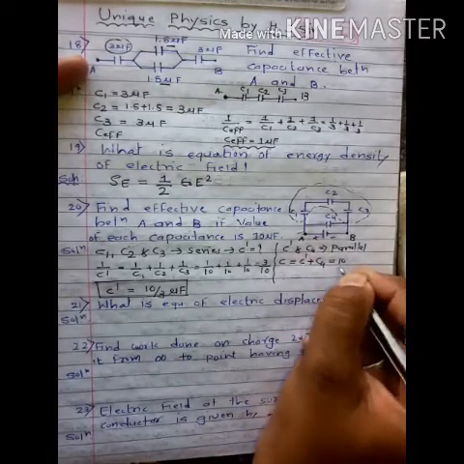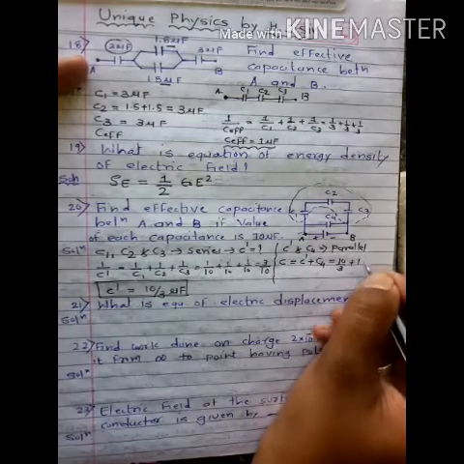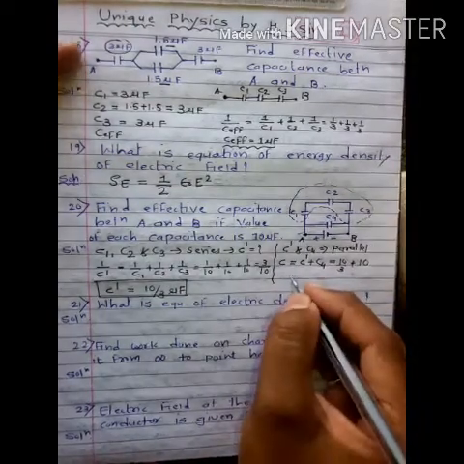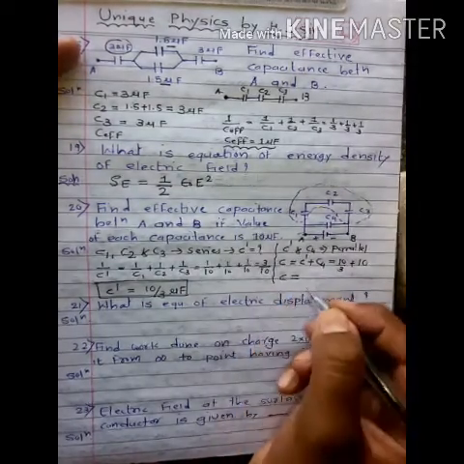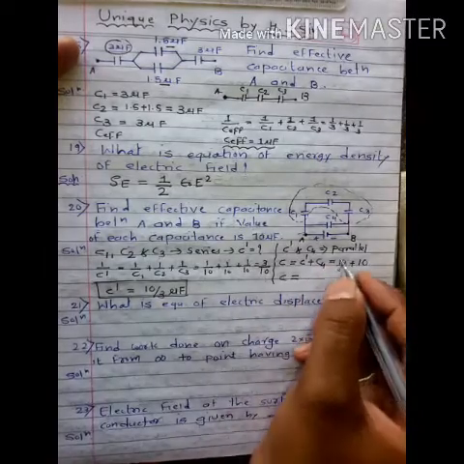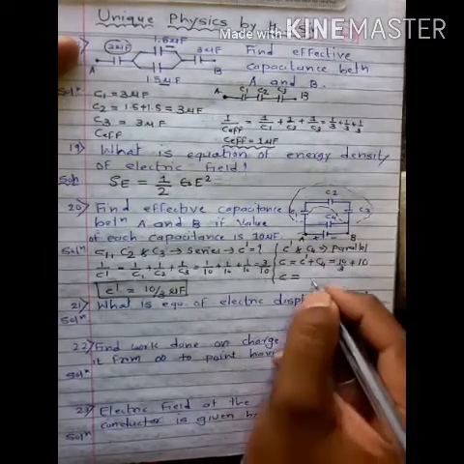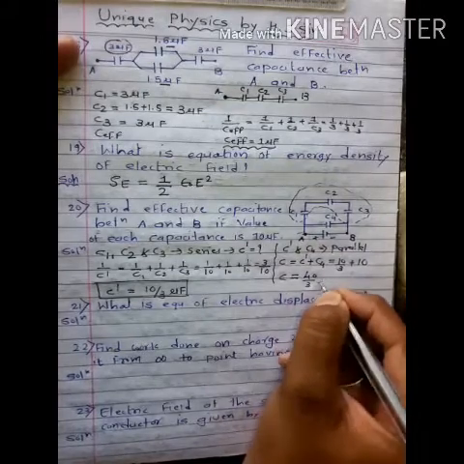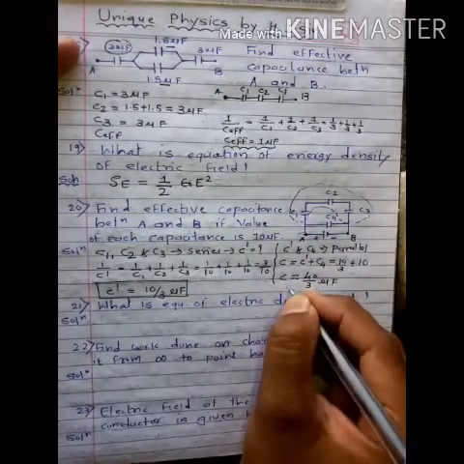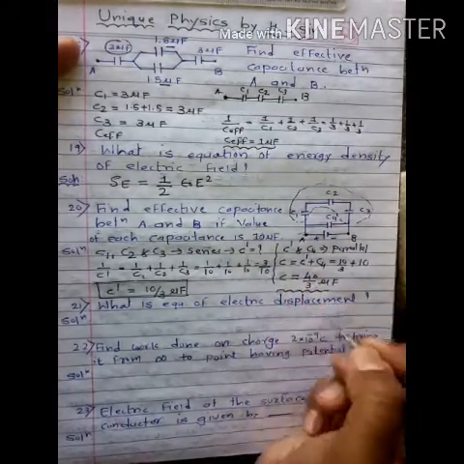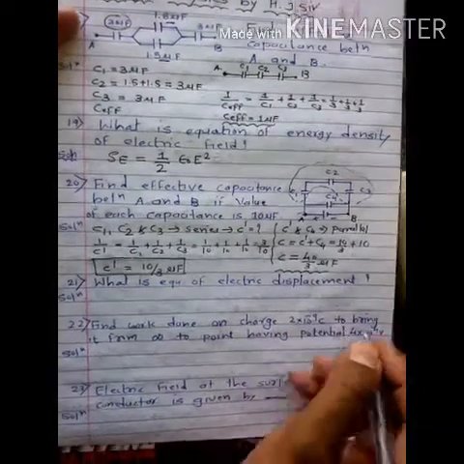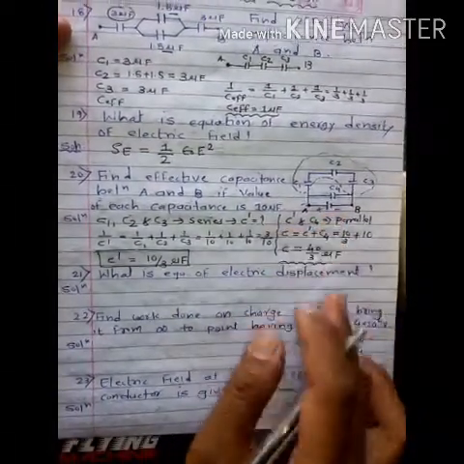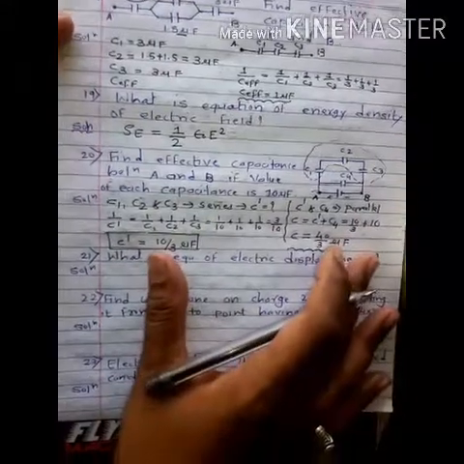So C dash means 10 upon 3 plus C4 is also 10 microfarad. So the final or effective capacitance is 10 by 3 plus 10, means 40 by 3 microfarad. So this is your final answer. This is an important MCQ of this chapter.